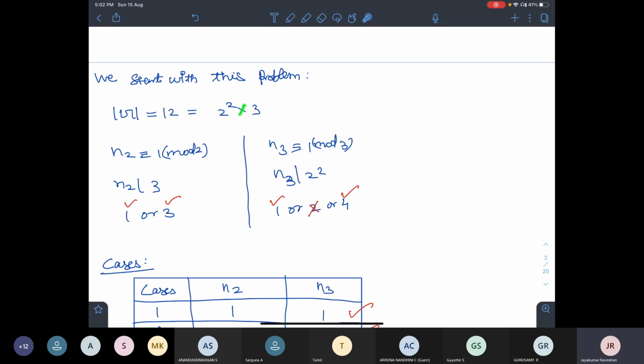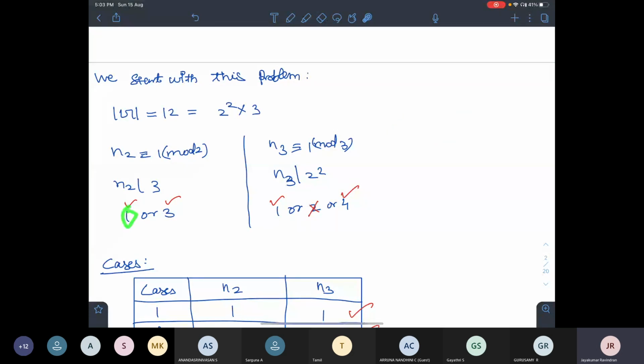2 square into 3, and we know this. From the third Sylow theorem, n2 is congruent to 1 mod 2, n2 divides the remaining 3, and the possibilities are 1 or 3. Then for n3, n3 minus 1 divisible by 3, that means (n3 minus 1) by 3 belongs to the integers.